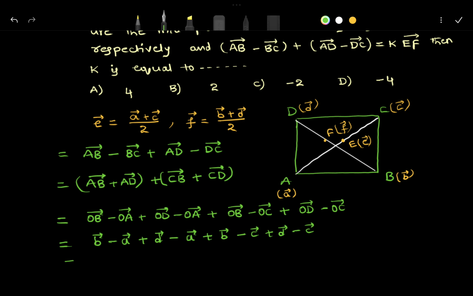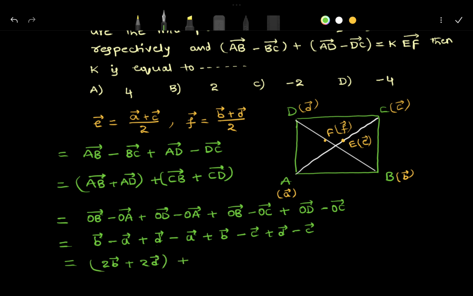Now observe this value: b bar plus b bar is 2 into b bar, and d bar plus d bar is 2 into d bar. I hope everyone is clear.